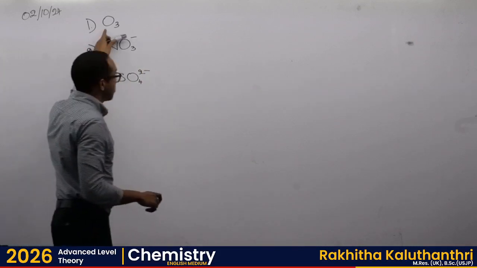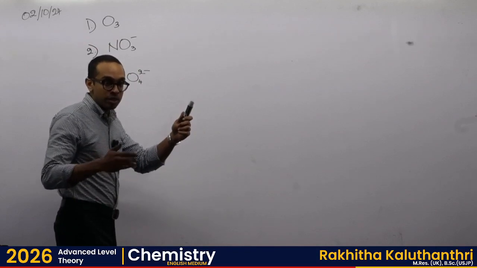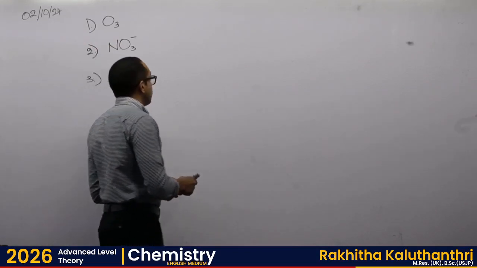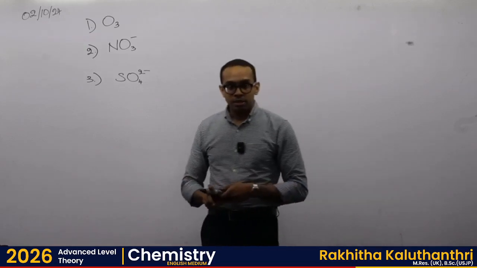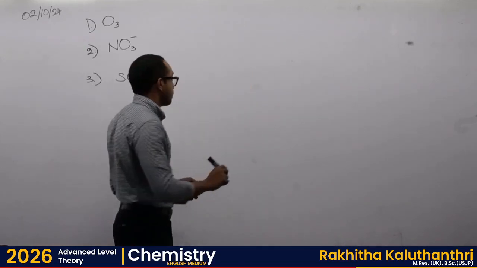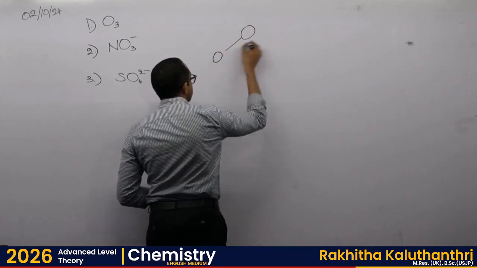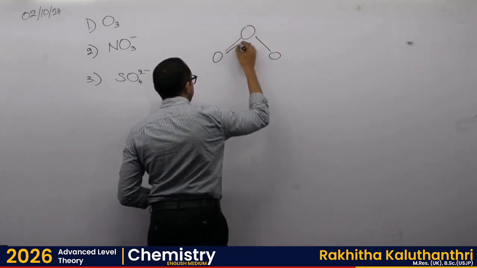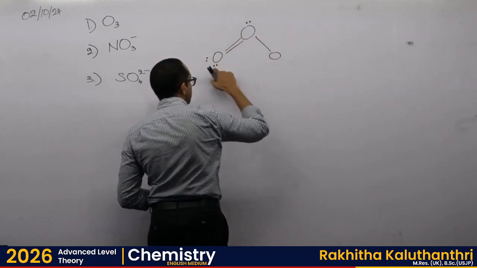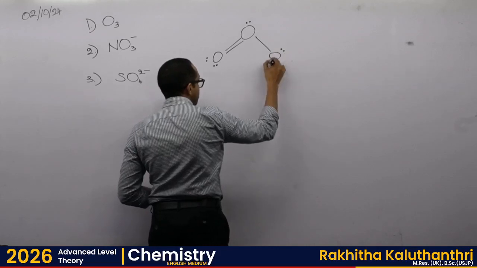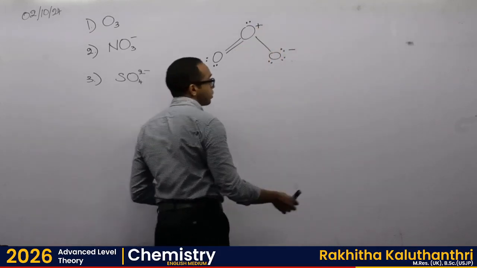Since we have already done ozone, I will quickly recap what we need to do. When a question like this is given to you, you should show the resonance structures and then the resonance hybrid. So the resonance structures are these. There are 2 lone pairs on this oxygen, and this oxygen has 3 lone pairs, and this was one of the Lewis structures you can draw.